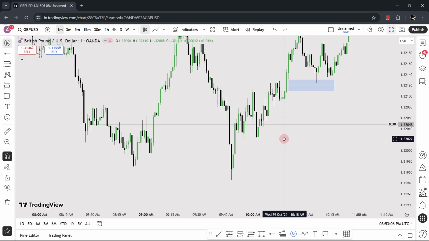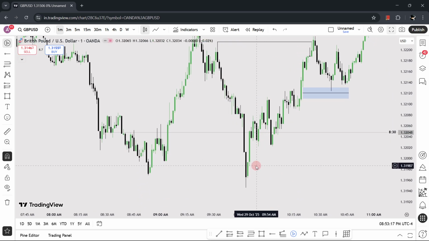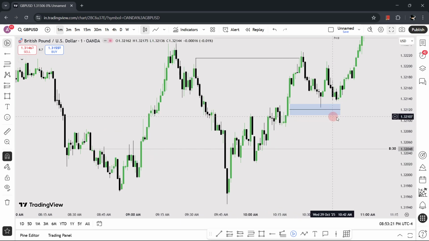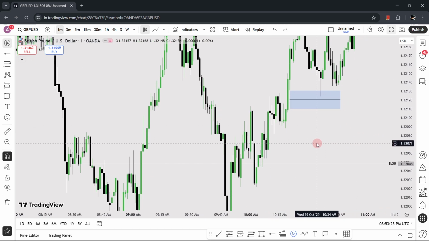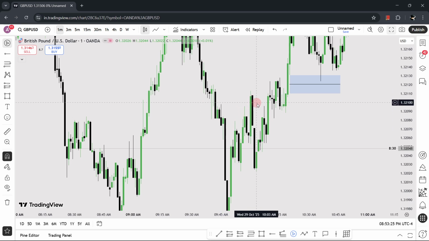So a small entry using your 0.5 percent there, targeting that buy side itself. Stop loss just below the low of this candle, and you can wait for something. Now you can see it tries to go high, lower low, higher high there.